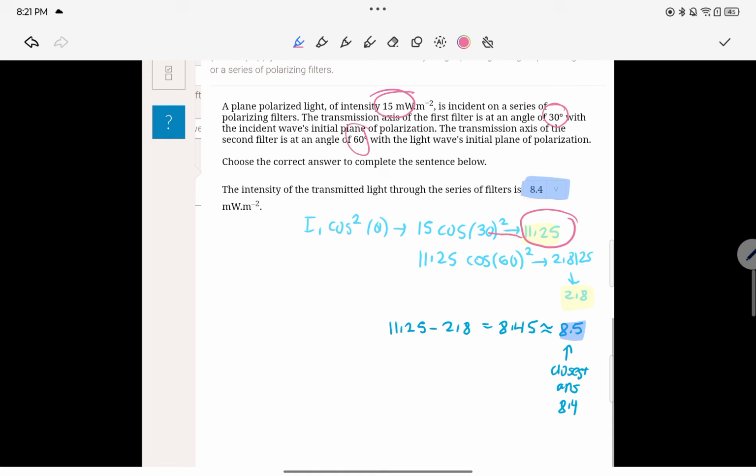Now we use this 11.25 and we put it here. You put the same formula, cosine but 60 squared. So 2.8125, so 2.8. Then you minus both of them, you get 8.45, so approximately 8.5. So here in the options, 8.4.